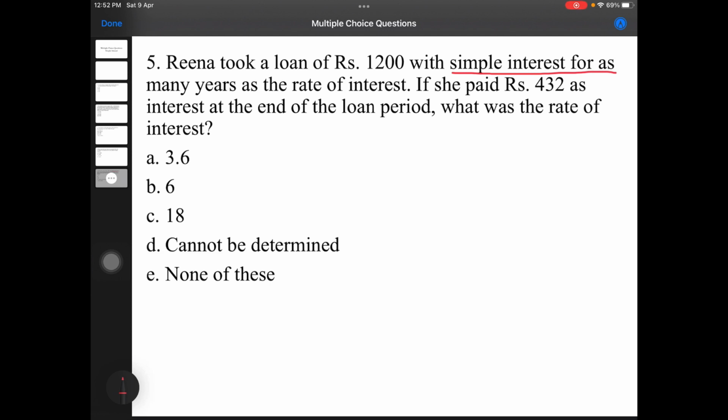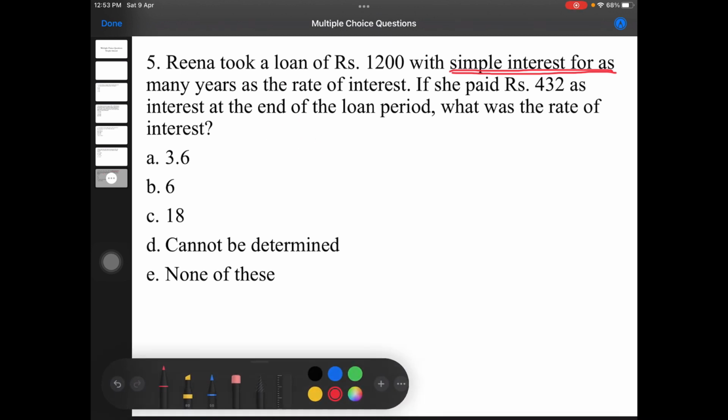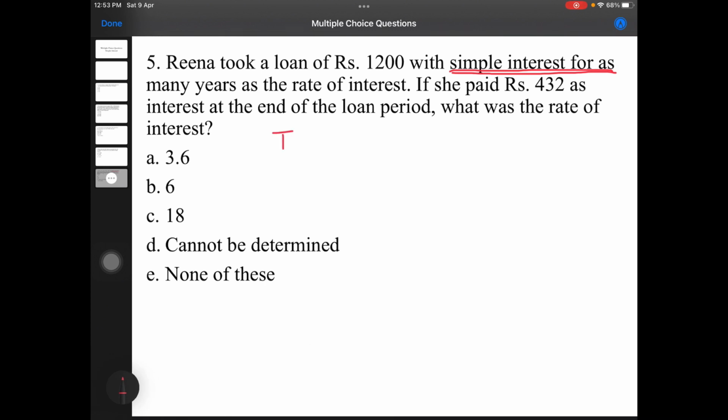Simple interest paid for as many years as the rate of interest. The meaning of this statement is that the time period for which Reena paid her loan is equal to the rate of interest.